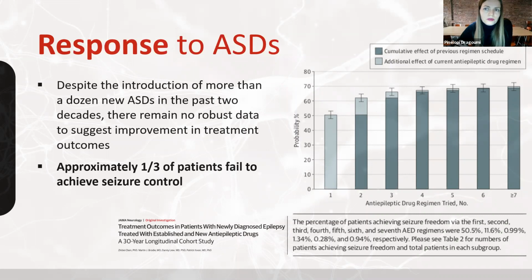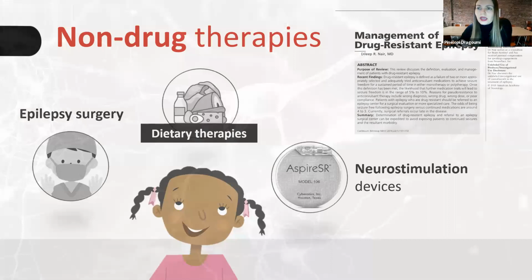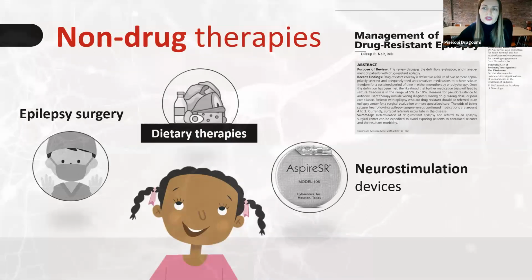And in these cases, when we have drug-resistant epilepsy, there are options. Go for dietary therapies such as a ketogenic diet, or use neurostimulation devices. These are sometimes very helpful in reducing the seizure burden and improving the quality of life and improving the alertness of the children. And the goal, of course, is to find those who can benefit from epilepsy surgery and find them early on.